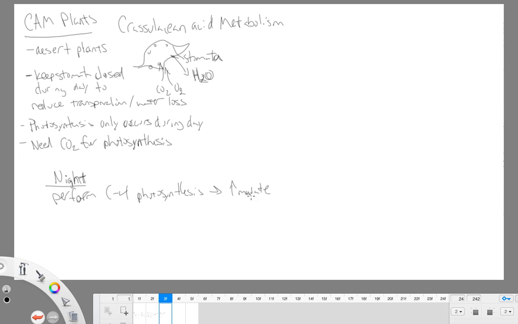Now they store this malate in vacuoles in the cells. At night, open stomata.